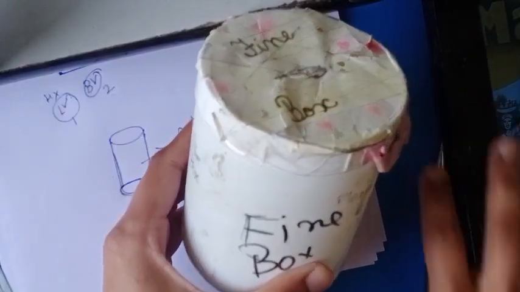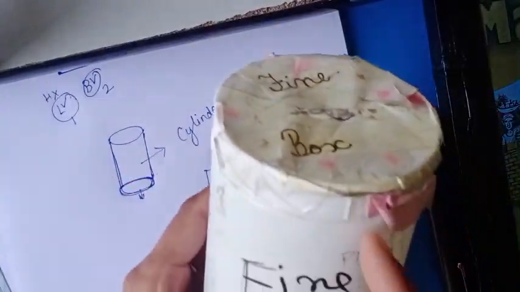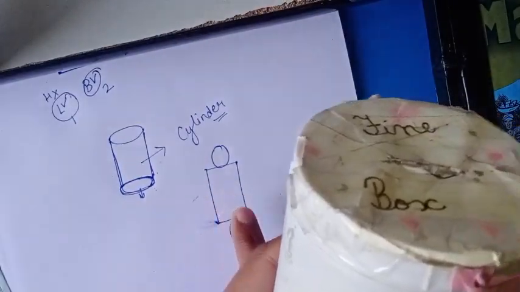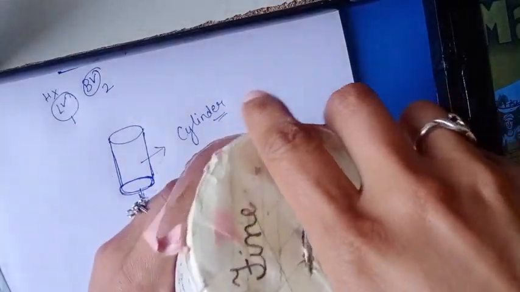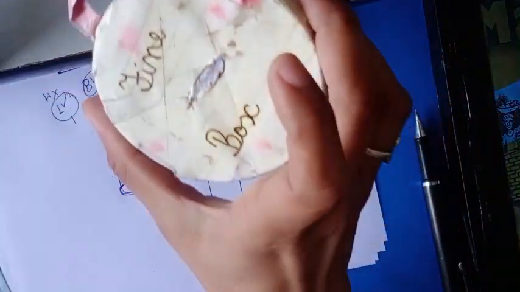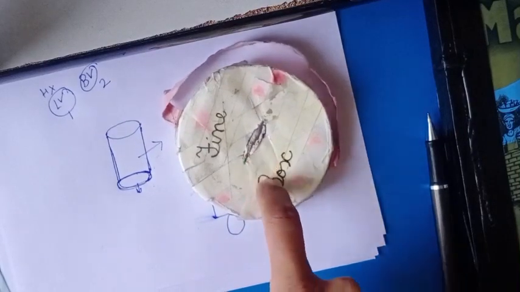Suppose this is a cylinder. We will cut this cylinder from the middle and get a rectangle shape, and when we cut the top of this cylinder, we will get a circle. This is a type of circle.